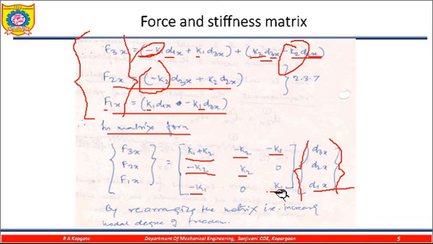This is the last term. This term is multiplied by this one and k1 multiplied by this one, so don't be confused here. In this way I assemble my matrix form.